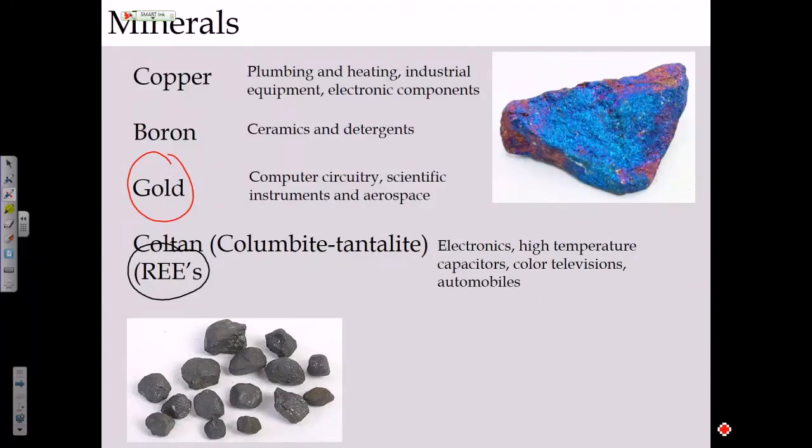And computer circuitry, scientific instruments, these are common, as well as it has a decorative and an economic value as well that kind of exceeds other economic minerals. Because gold is such a high price, we can store it as a way of kind of storing economic value reservoir. You can take a lot of coltan to equal the same amount of the value of a 1 pound bar of gold.